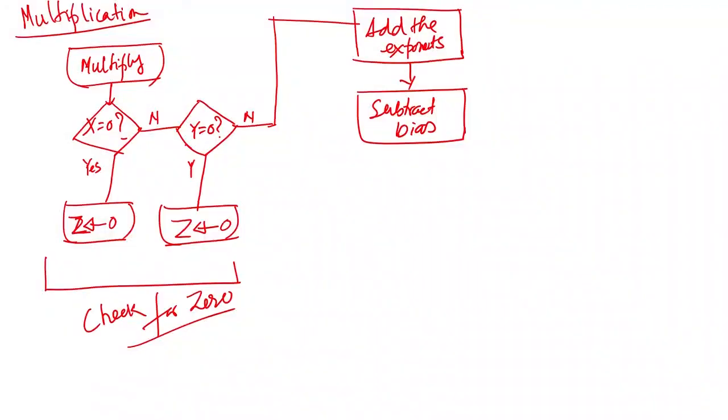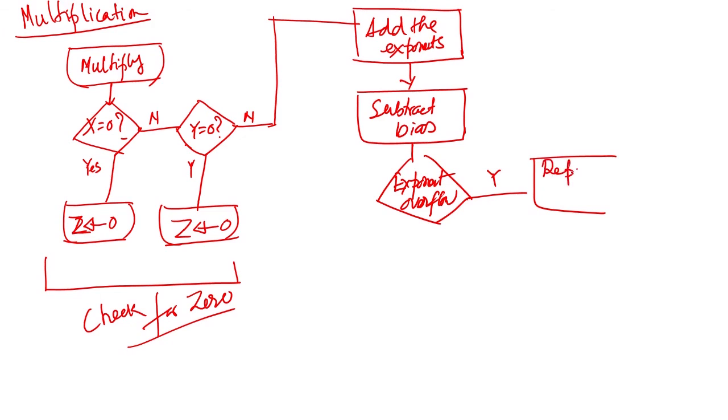Now, we will check, if you add these two exponent values, there may be a chance for overflow. So, we check for exponent overflow. If it is exponent overflow, the number we cannot represent. So, we have to report exponent overflow.